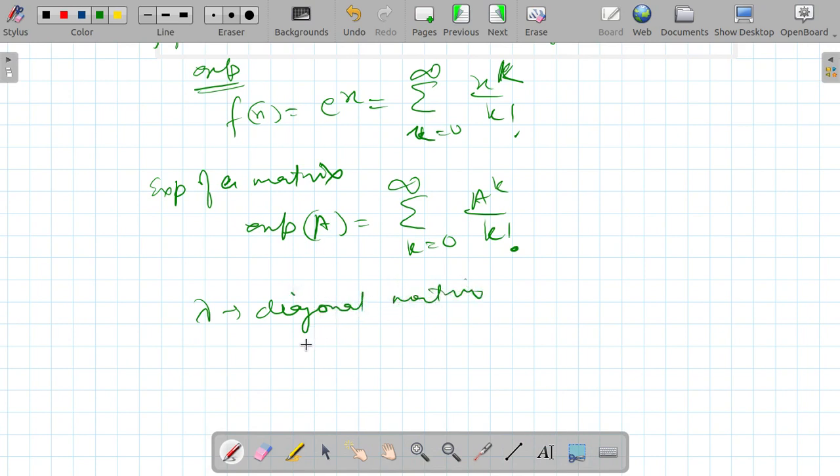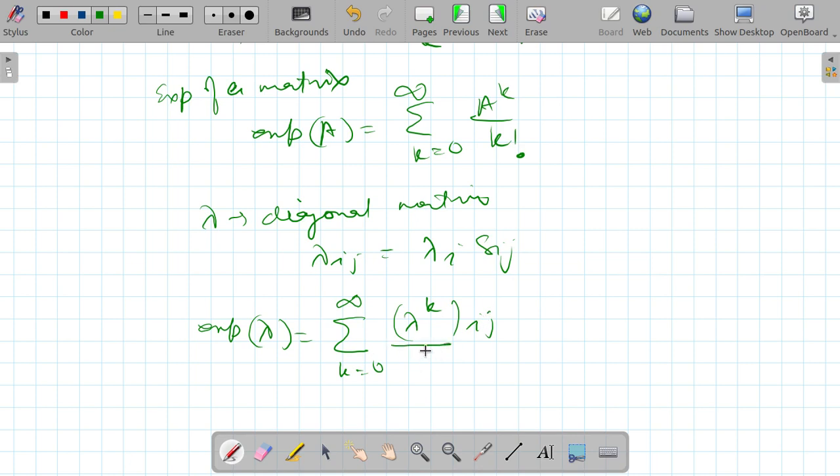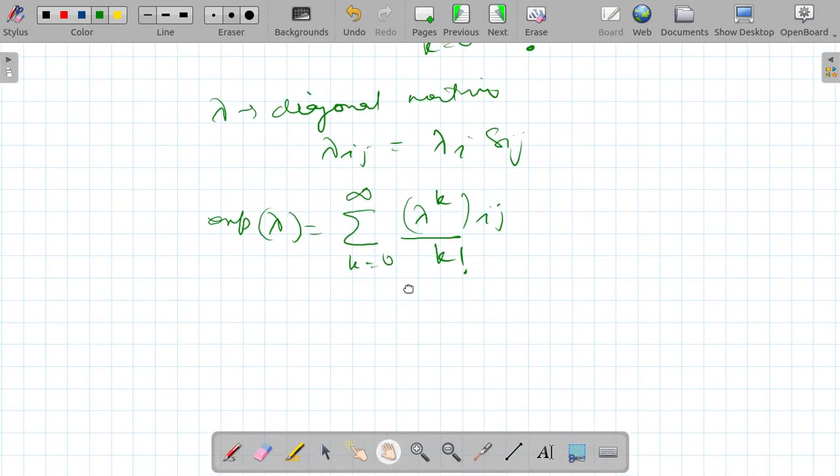Now lambda is a diagonal matrix, and the exponential of lambda can be written as the sum over k from 0 to infinity of lambda raised to power k, ij, over k factorial.